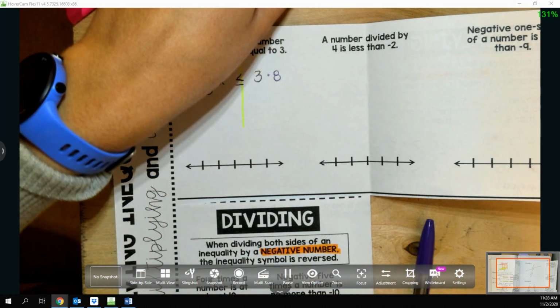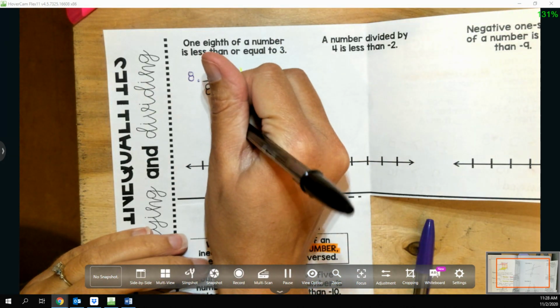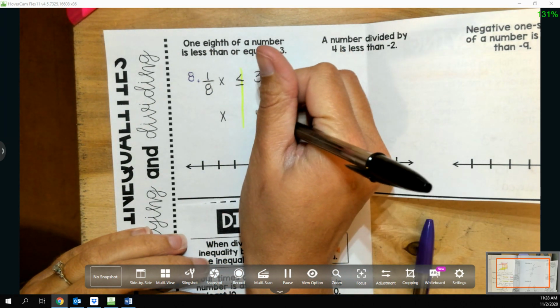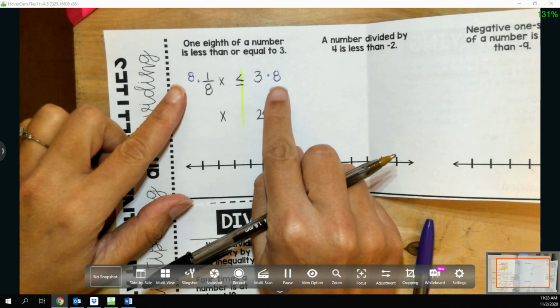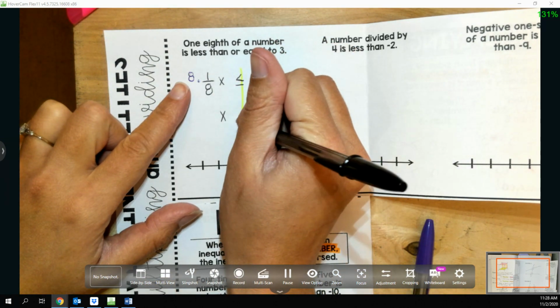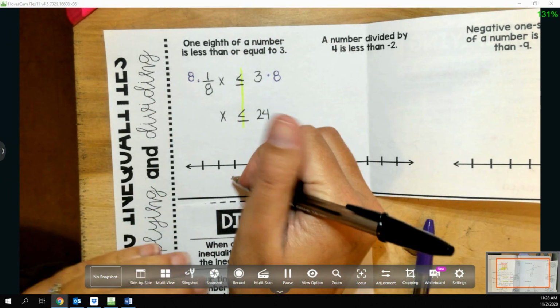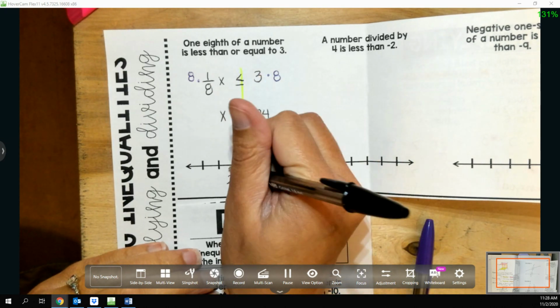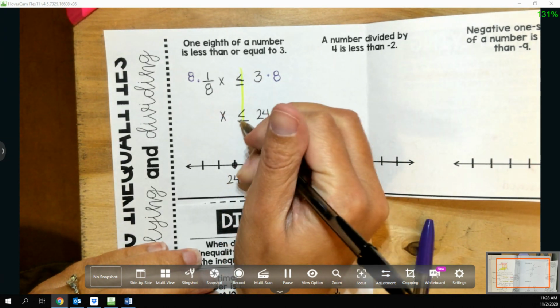And so when I simplify, we'll have x and then 24 over here. Now the number that I put on both sides was not negative, so I don't change the sign. I'll put 24 here because it's equal to, I'm going to close that circle.